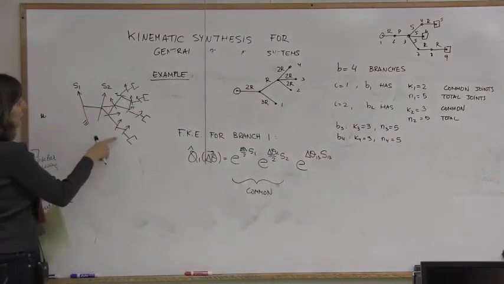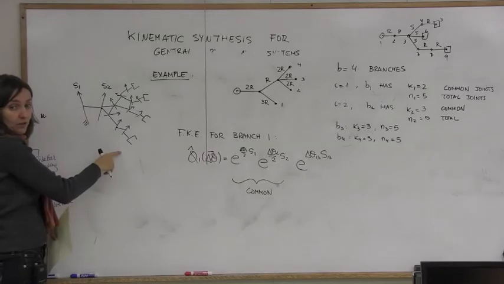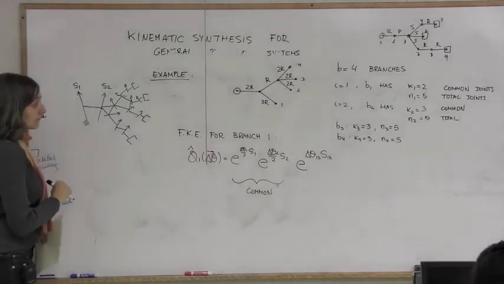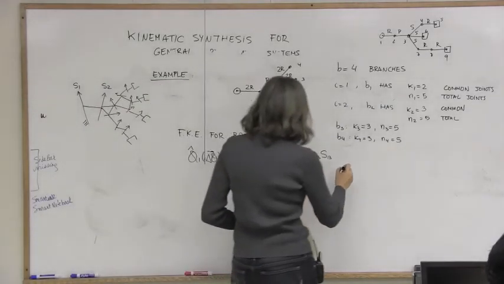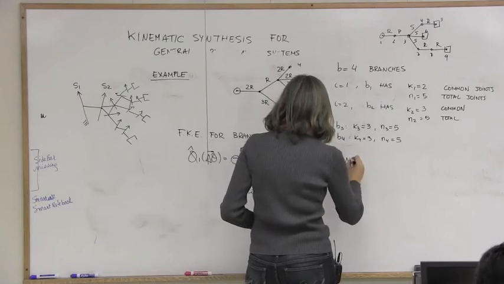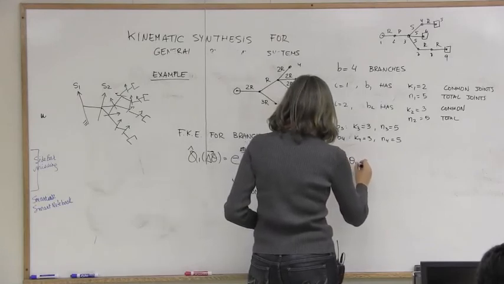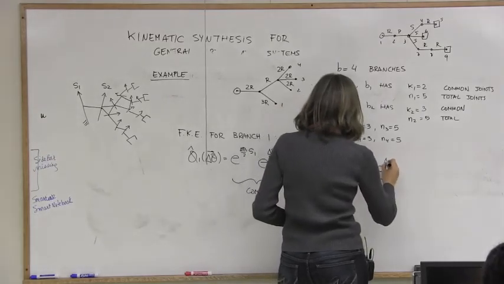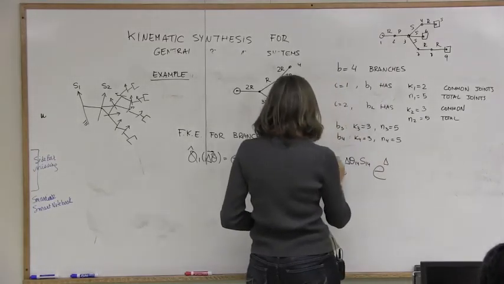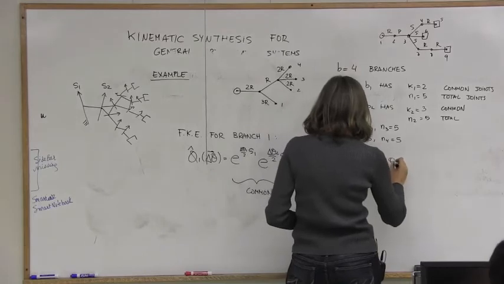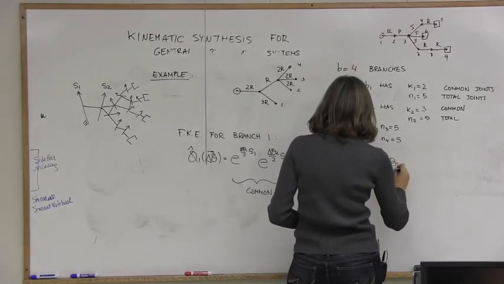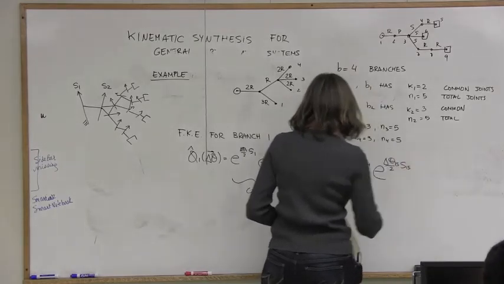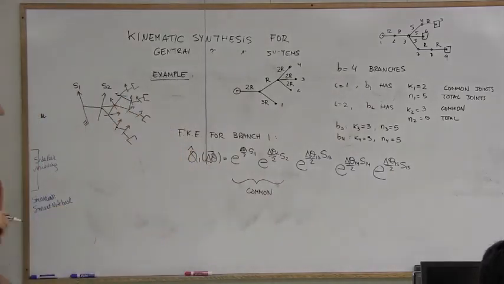So it's the third joint if you are counting towards branch 1. Times the exponential of delta theta 1,4 S 1,4, exponential of delta, oh sorry, I forgot the 2. Don't forget the 2. Theta 1,5 over 2 S 1,5. All right.